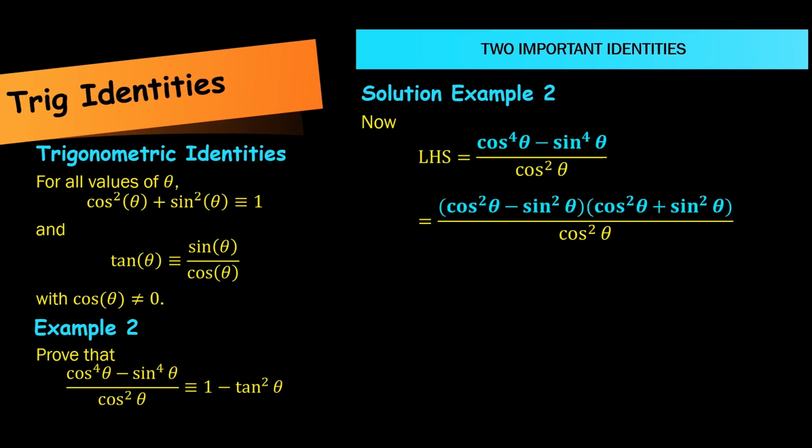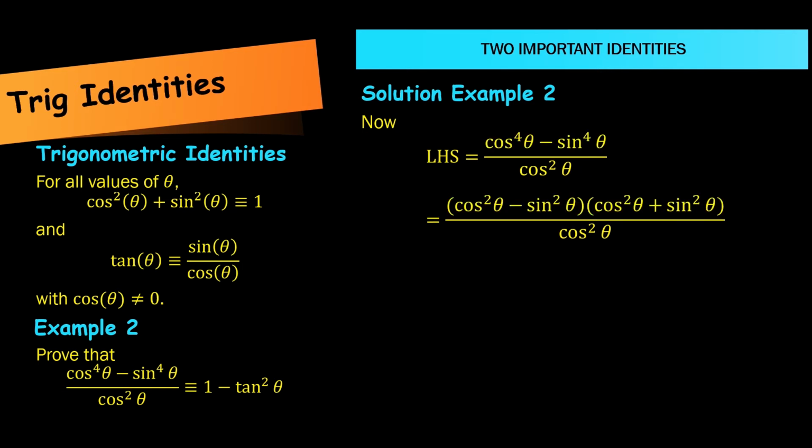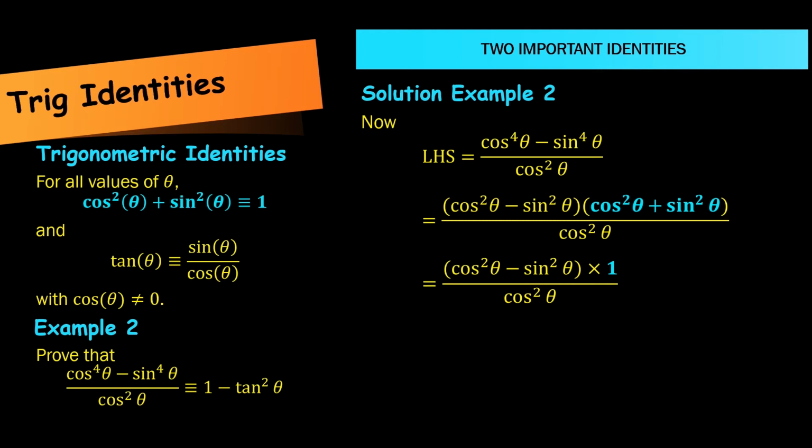So factorizing cos to the 4 minus sine to the 4 gives us cos squared minus sine squared times cos squared plus sine squared, as shown. And hopefully you should be able to recognize that cos squared plus sine squared is identical to 1.